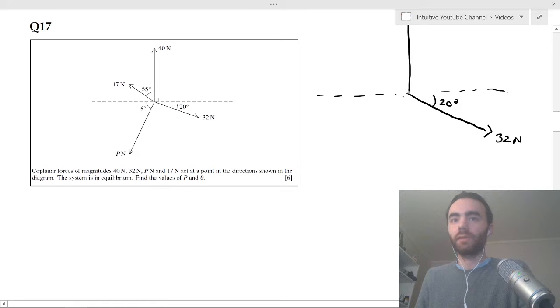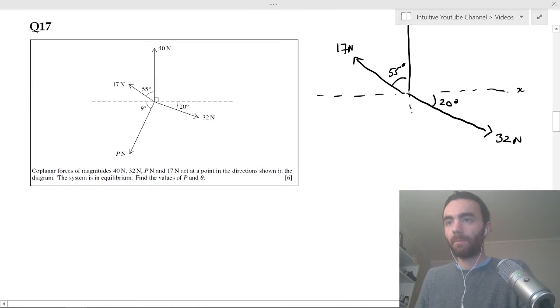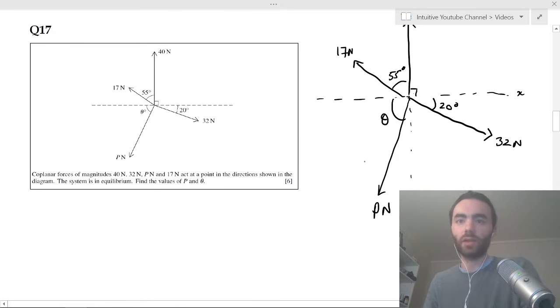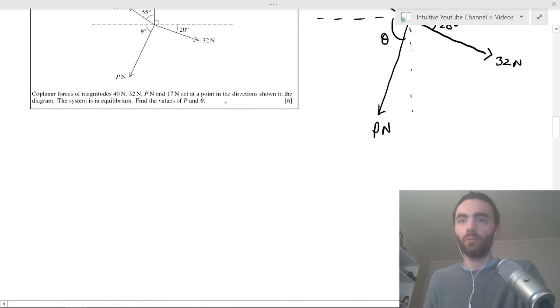And then we've got this 17 newtons, and it's acting here, 55 degrees. So y-axis and x-axis. And then finally we've got this P here, so the P newtons with theta. Okay, so that's the situation. These forces are all acting here on the point in the direction shown in the diagram, but the system is in equilibrium, and it wants you to find P and theta.